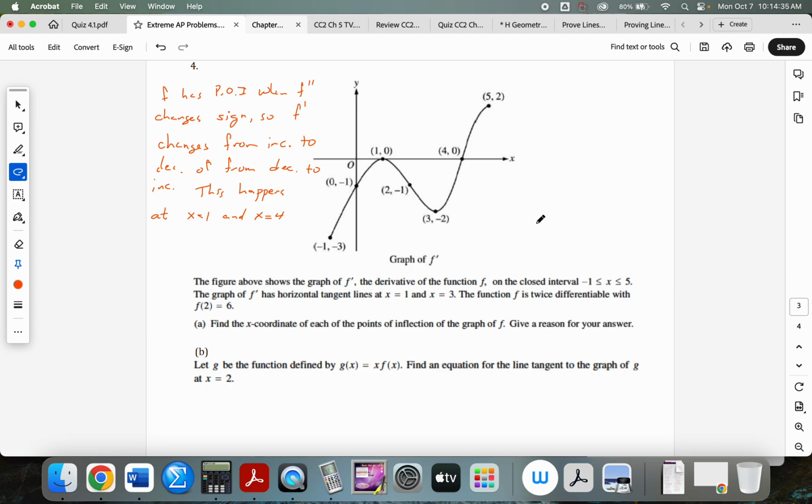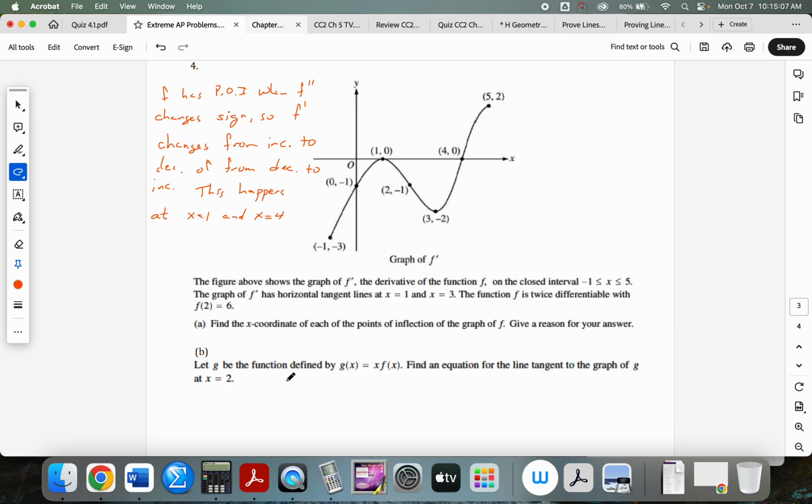So another way to do this would be to go on each interval and say from x is negative 1 to x is 1, f is concave up because f prime is increasing, concave down on the interval from 1 to 3 because f prime is decreasing, and concave up on the interval from 3 to 5 because f prime is increasing.